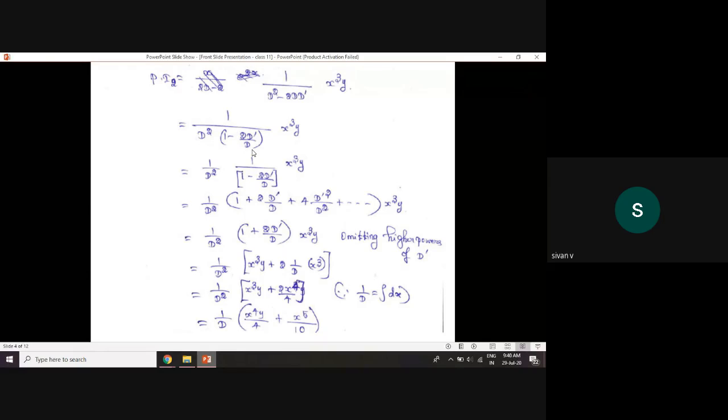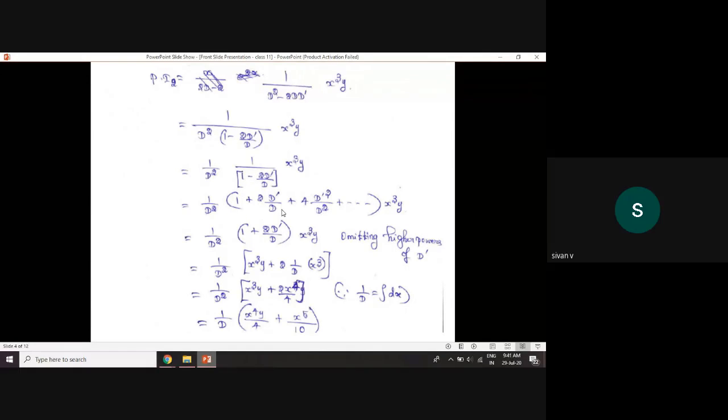Now take 1 by D square outside, and the rest of the part is 1 by 1 minus 2 D dash by D of x cube y. Now this part you bring to the numerator: 1 by D square of 1 minus 2 D dash by D to the power minus 1. Can any one of you tell me the formula for 1 minus x whole power minus 1?